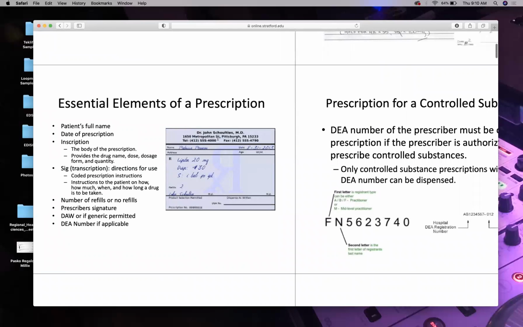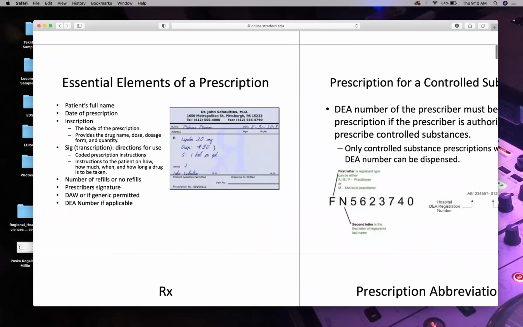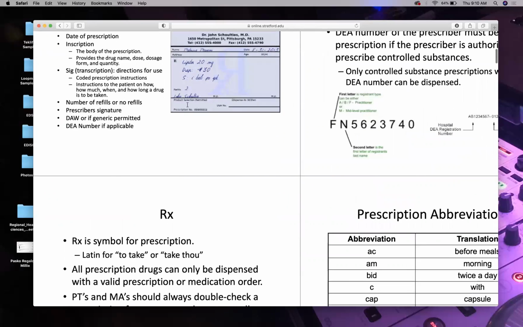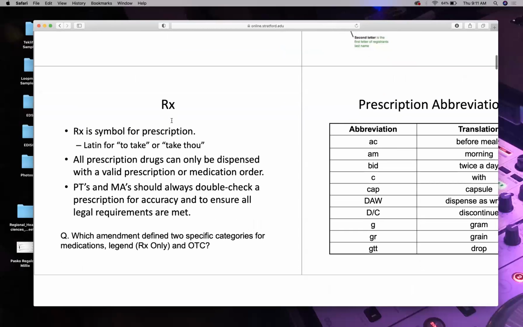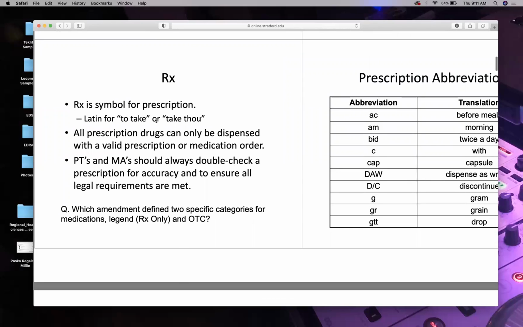Dr. John Schultes, MD, wants the patient named here to take this Lipitor 20 milligrams. He wants the patient to take one pill twice a day, every day, by mouth, okay? So without that RX, there is no order, okay?